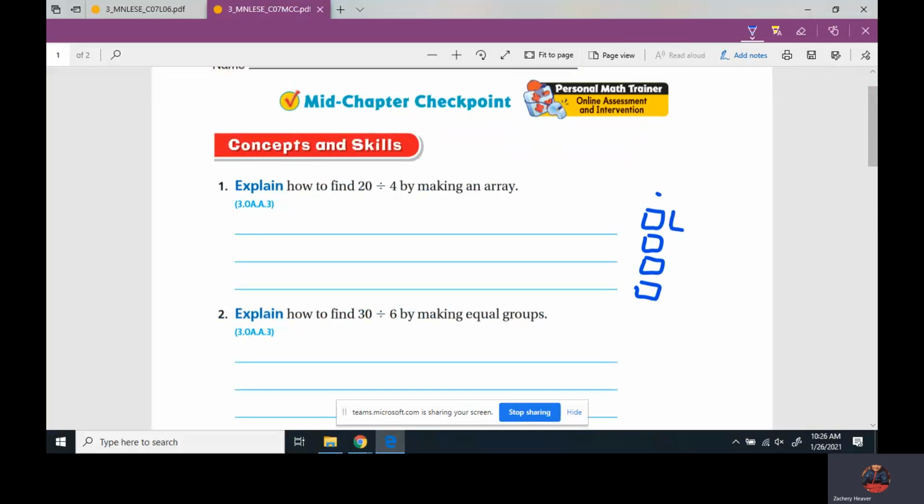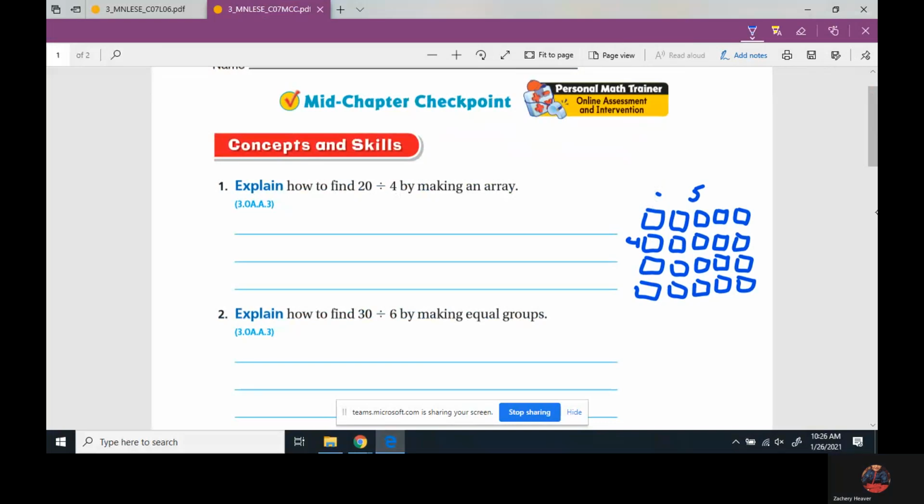So 4, 5, 6, 7, 8, 9, 10, 11, 12, 13, 14, 15, 16, 17, 18, 19, 20. So we have 20 total. We have 4 rows with 5 in each row.